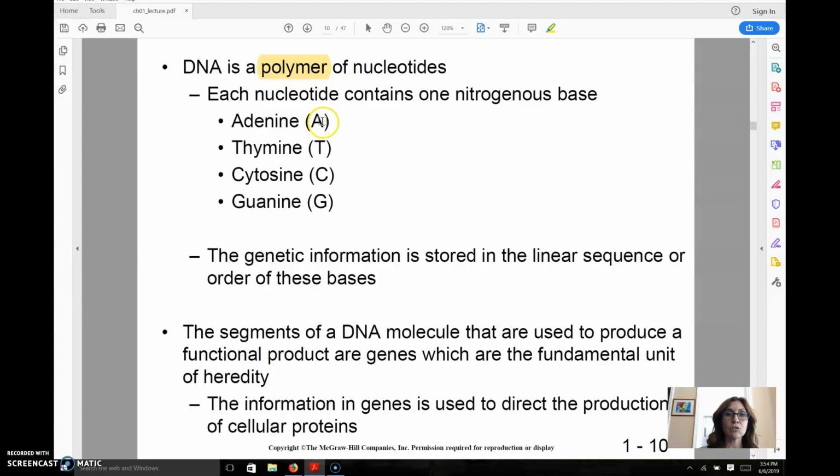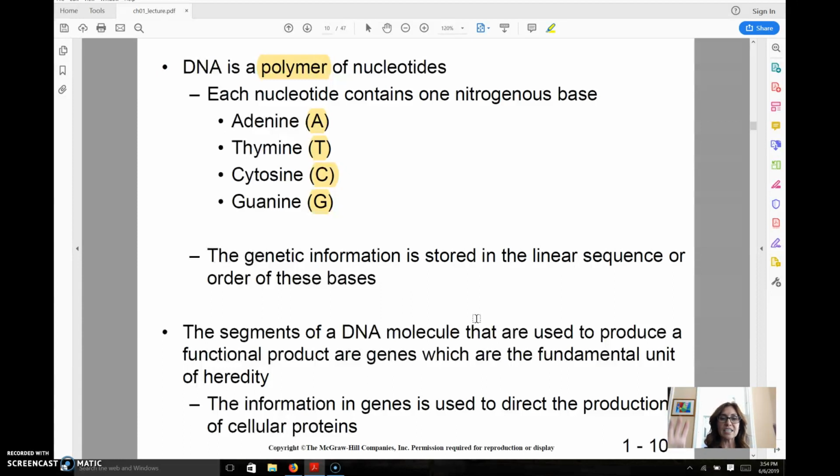That would be adenine, or A, thymine, or T, cytosine, C, or guanine, G. All of our genes only use those 4 letters, or those 4 nucleotides, as a recipe. That genetic information is usually stored, in a eukaryotic cell, in the nucleus. In bacteria, DNA is stored in the cytoplasmic space, but we'll get to that later.